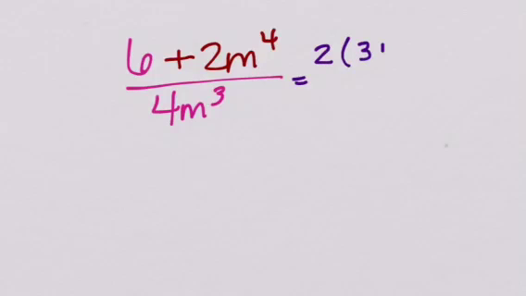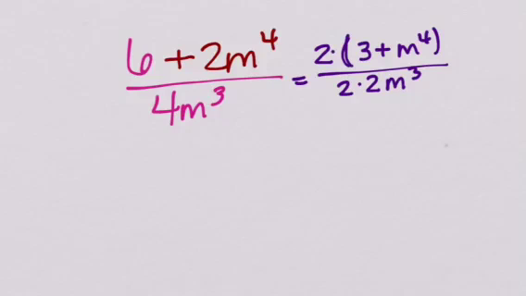I get 3 plus m to the 4th power all over, and I could break the 4 up if you want to see the 2 that I'm going to cancel. It's 2 times this set of parentheses. This 3 and the m to the 4th are stuck together. So I would cancel these two 2's out.